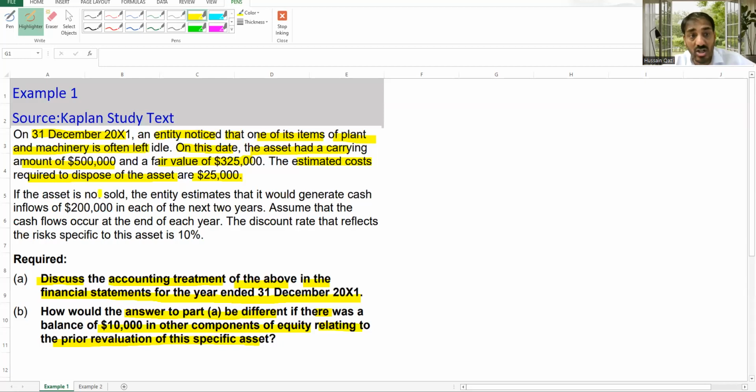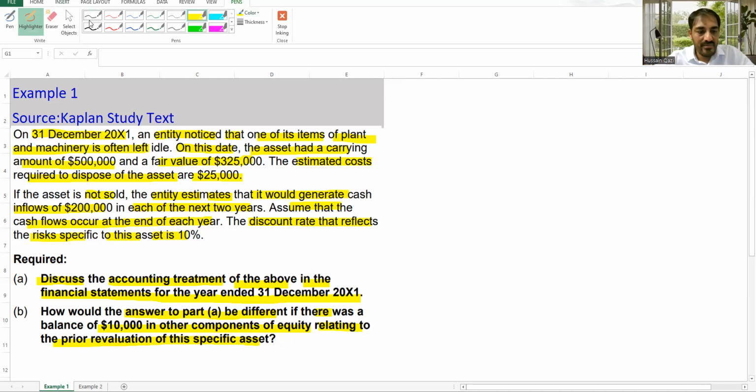If the asset is not sold, the entity estimates that it would generate cash inflows of $200,000 for the next 2 years. Assume that the cash flows occur at the end of the year and the discount rate reflecting the risk specific to the asset is 10%. And this is what the requirement is about.